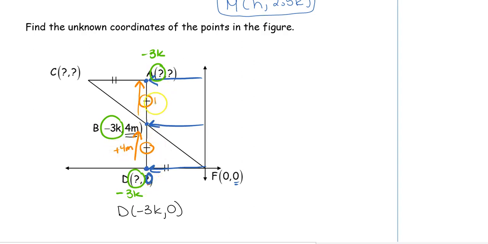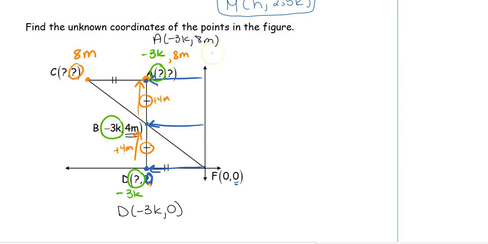I'm going the same distance, so I'm going to add another 4m. 4m plus 4m is going to make this 8m. 8m is how far up I am. So when I go to this point over here, this point and this point are the same distance up, which means they're going to have the same y value. So this is going to be 8m as well. We just found our second point over here. A is at (-3k, 8m).